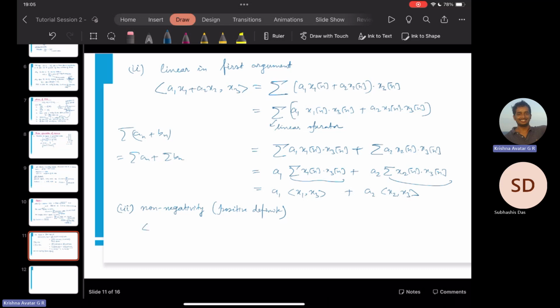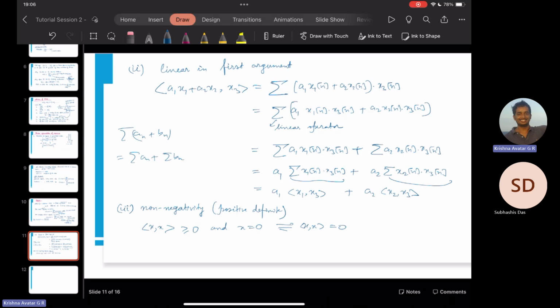In this case, x comma x is greater than or equal to 0, and x equal to 0 implies only when x comma x is 0.